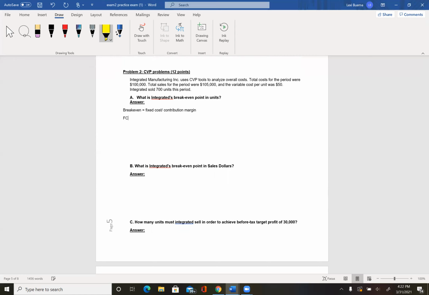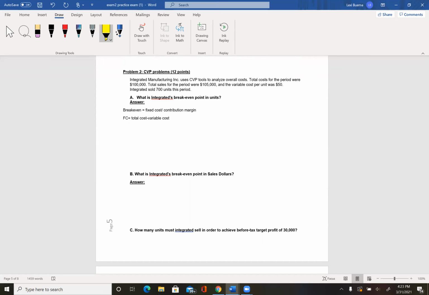Your fixed cost formula, since it's not given, is your total cost minus your variable cost. So looking for break-even, you start with the 100,000, which is your total cost, and you subtract, since we're still trying to find the fixed cost first, the variable cost.